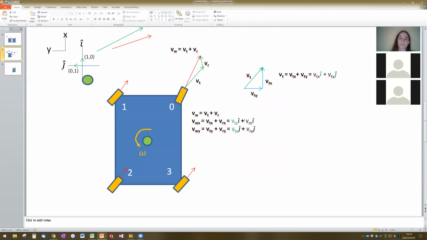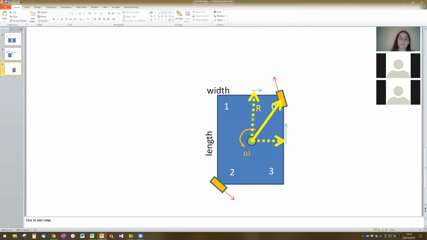If we recall, the things that we were still trying to find were the x component of the rotation vector and the y component of the rotation vector. There is a conversion between the angular velocity here and the velocity out here on the red vector.